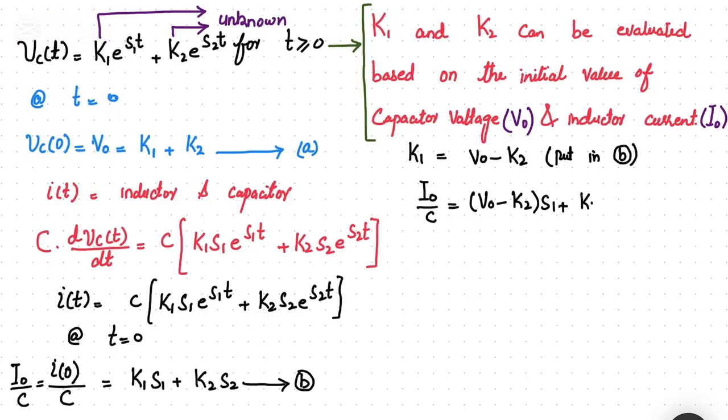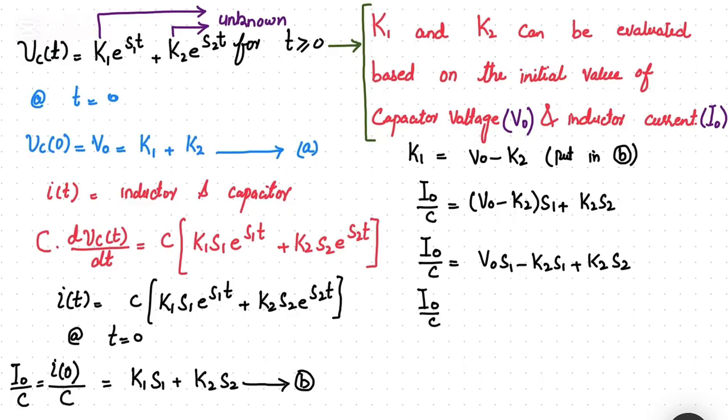So I0 over C is equal to V0 S1 minus K2 S1 plus K2 S2.